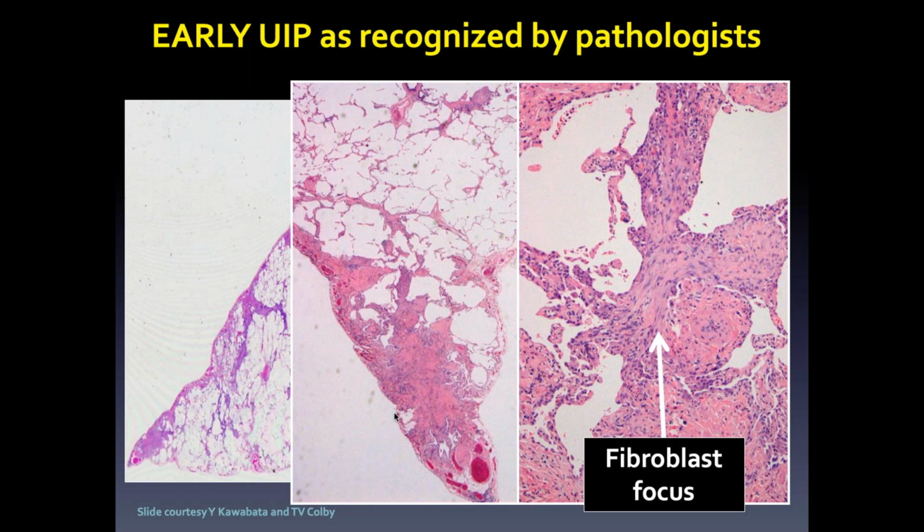This is a patient submitted to surgical lung biopsy, a patient with IPF, and we observe in this slide all the typical aspects of UIP pattern: subpleural periacinar fibrosis with patchy fibrosis and fibroblastic foci. These aspects are typically observed also in patients with early IPF.